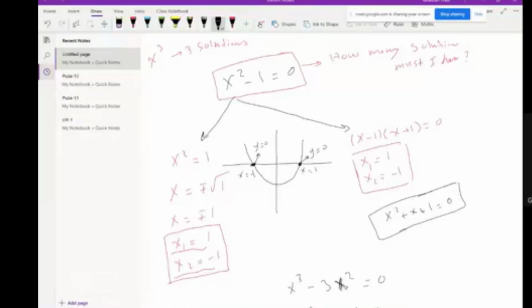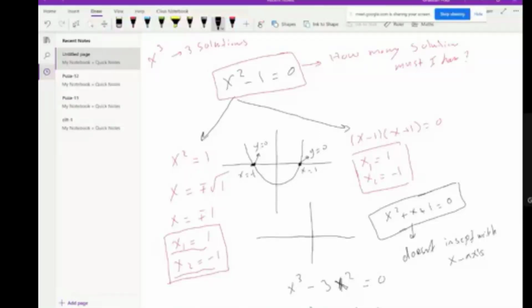That means this equation doesn't intercept with the x-axis.